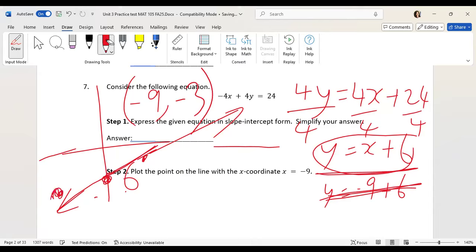It's a point in the third quadrant, because x is negative and y is negative. If this is not a sketch, it can actually be on the line, the actual line.